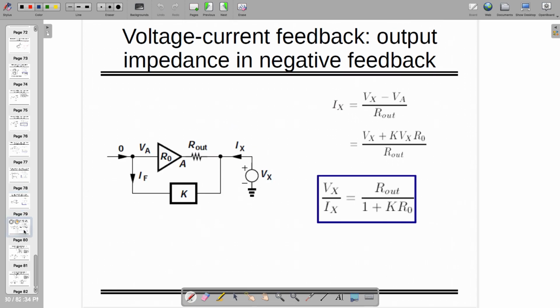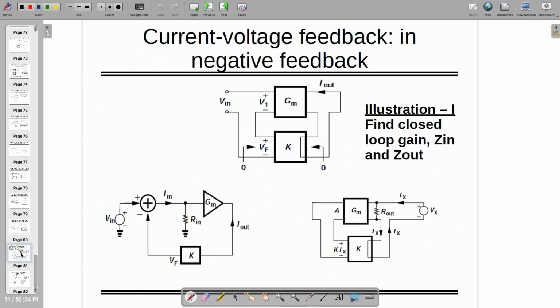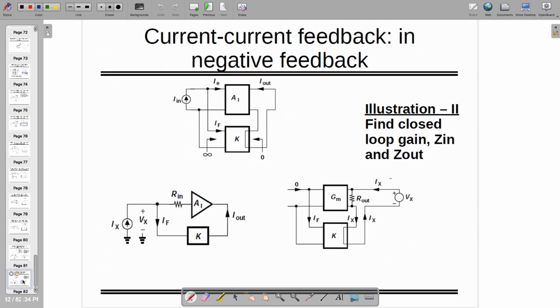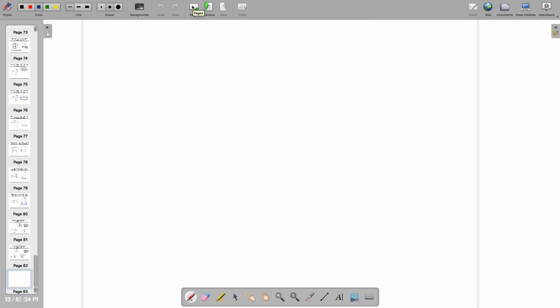Applying the same theory on the output side, you can see that the output resistance is again getting improved by the loop gain, and you can do this for current-to-voltage feedback and current feedback, and find out the closed loop gain, input impedance, and output impedance. But if you want the quick results, what I'm writing here is for the negative feedback configuration.